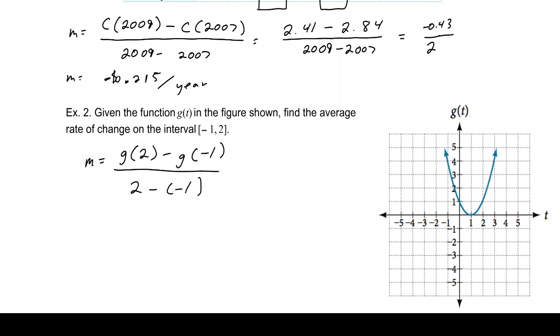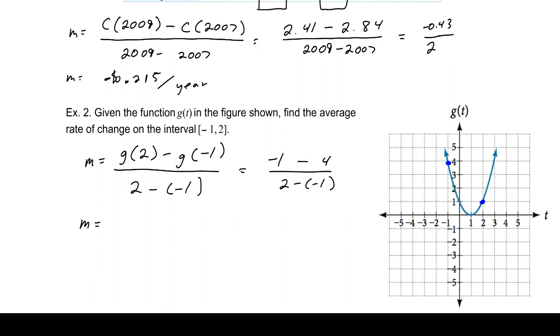Finding points on here, at an input value of 2, we have an output of negative 1. So this is negative 1 minus, and at negative 1, we have an output of 4, it looks like, divided by 2 minus negative 1.